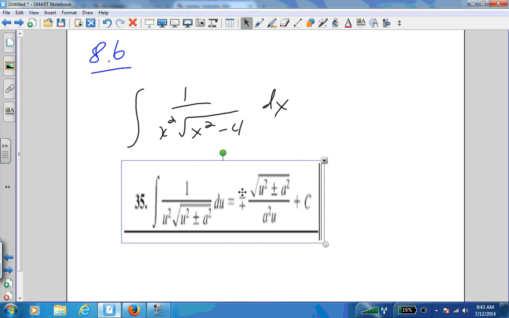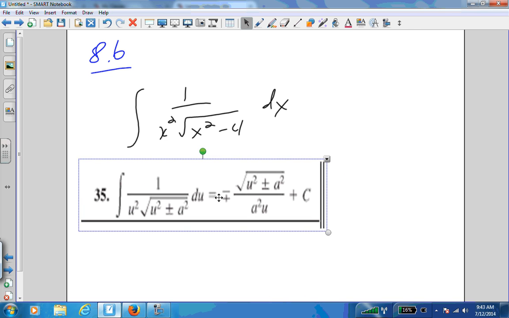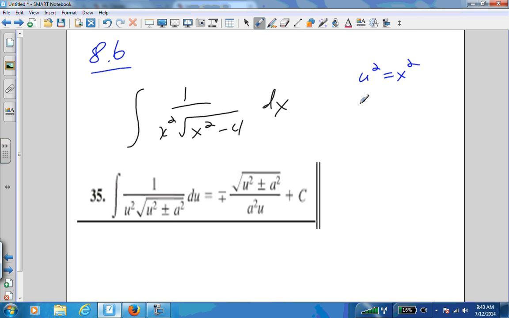So using this formula, our u squared would be x squared, which would make u x and du dx.